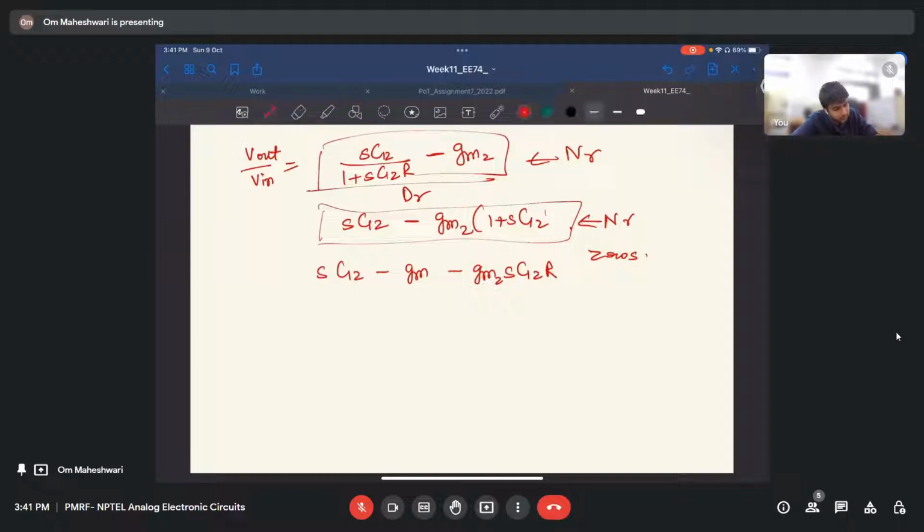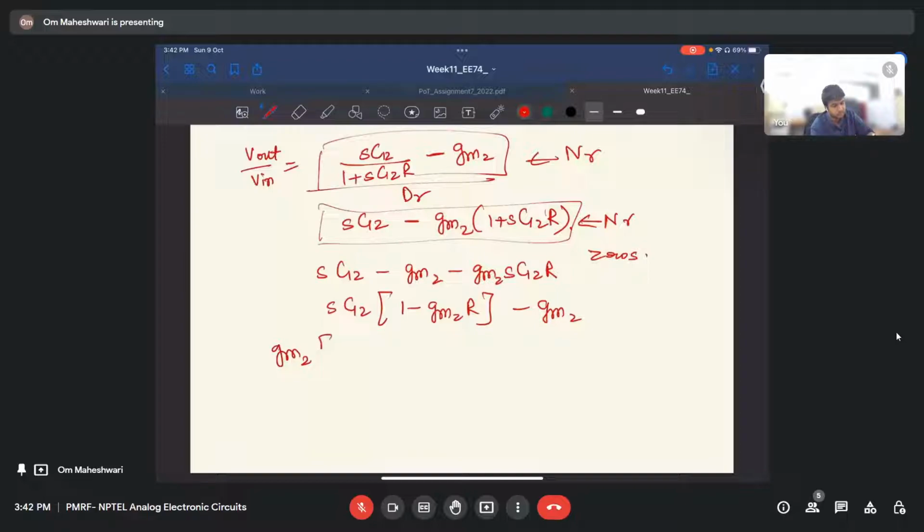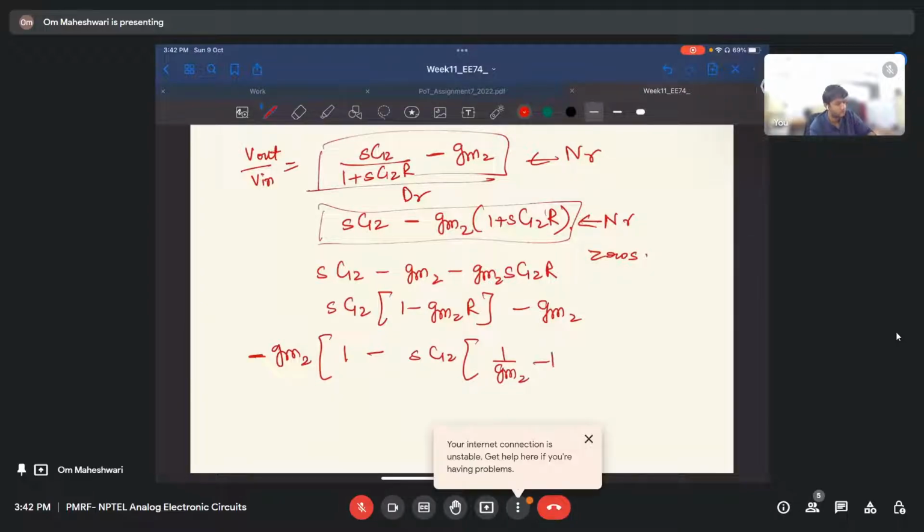So if I take SC12 common, it is SC12 (1 minus GM2R) minus GM2. Now I can take GM2 common also: GM2 times (1 minus SC12 (1 by GM2 minus R)).